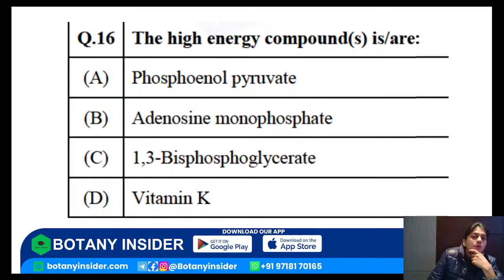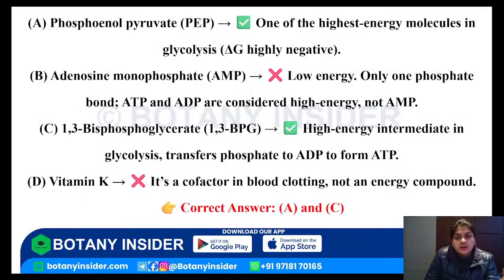High energy compound is or are phosphoenol pyruvate, adenosine monophosphate, 1,3-bisphosphoglycerate and vitamin K. What should be the answer?